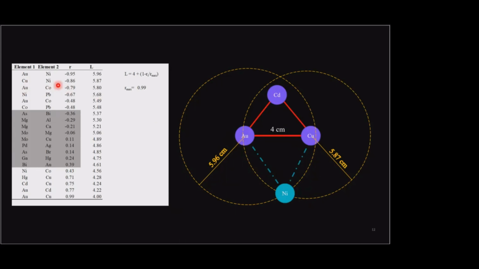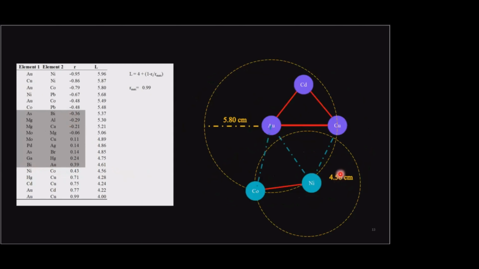The next element that we can join is cobalt, and cobalt will be a combination of the negative with the positive, because we know there is a positive correlation between nickel and cobalt of 4.56, and it's a negative correlation between cobalt and gold. Again, we make our circles of 5.8 from the gold, 4.56 from the nickel, and we find the location of the cobalt.